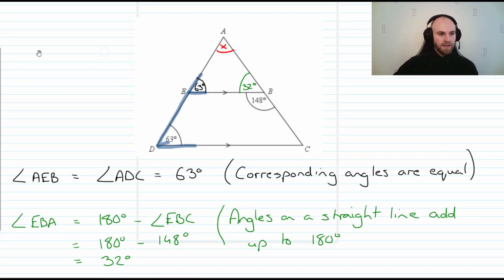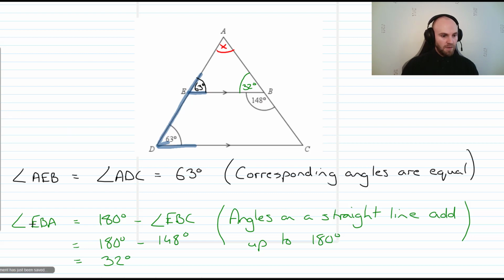And we're going to write angle EBA equals 180 degrees minus angle EBC, which is that 148 degrees here, and that is going to give us 32 degrees. The reason is because angles on a straight line add up to 180 degrees.